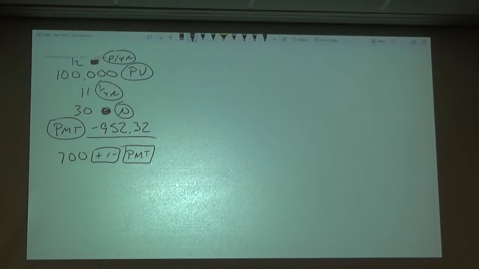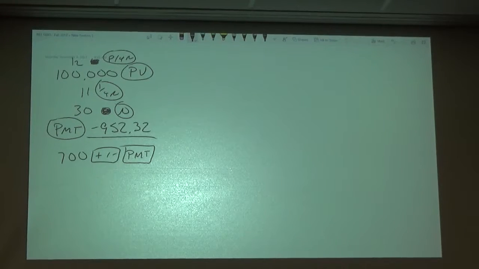Now I could ask you what the balance on this loan is at the end of year 1, end of year 2, end of month 5, end of month 30, whatever. When do you want me to ask for the balance? 30 years.